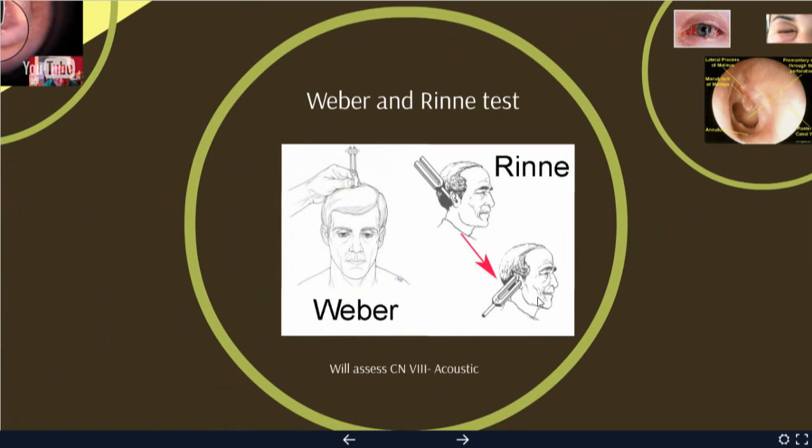Okay, the Weber and the Rinne tests are going to be used. They are going to assess the ears for conduction. The Rinne test is going to compare air conduction versus bone conduction. So what you'll do with this is you'll hold the tuning fork, which is the weird looking thing in the picture they're holding up to the patient.